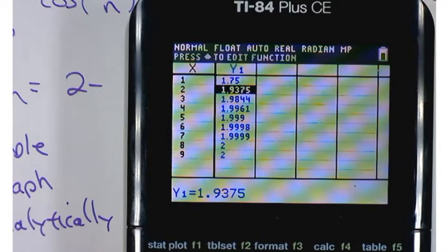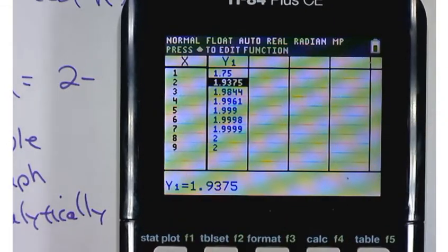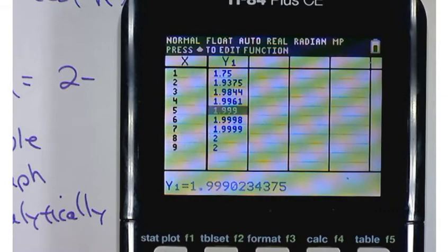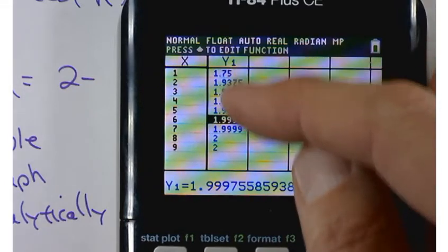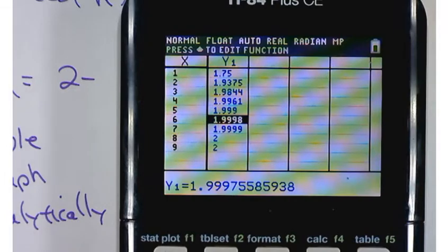As I reminded you just a little bit ago, if you want to see more of the y coordinate, you can just put your cursor on the y column. So at 2, we're at 1.9375, then 1.98, 1.99. Are these tending to anything? Is there a pattern in here? Yeah, it's getting closer and closer to 2.